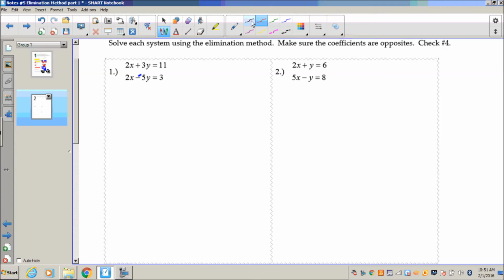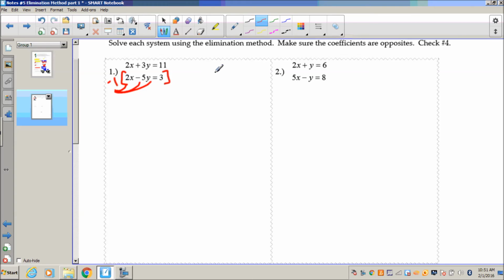So what I'm going to do is multiply the second equation by negative 1 so that they can be opposite. Let me erase that one. It looked like a negative sign. So I'm going to multiply the second equation by negative 1. By doing that, this will become negative 2, and then my coefficients will be opposite. Now remember, you have to do it to everything.